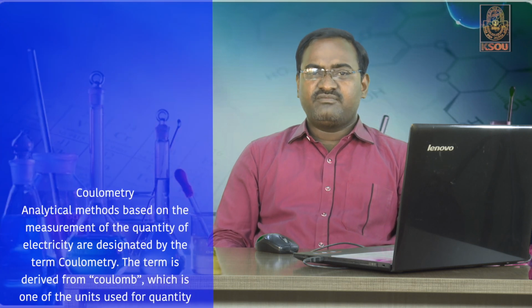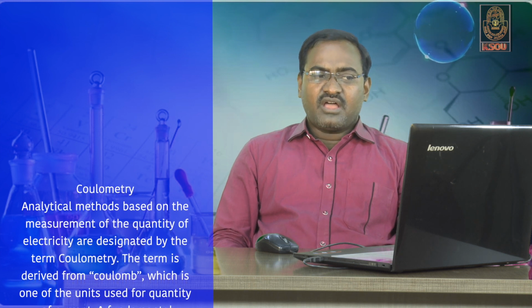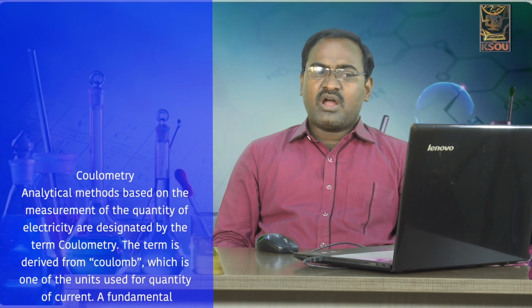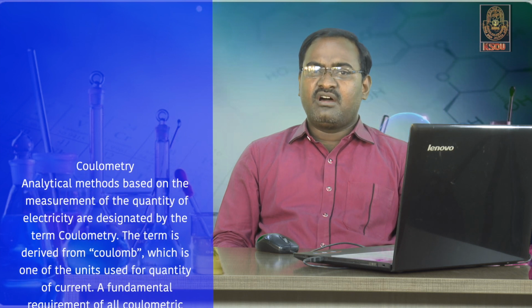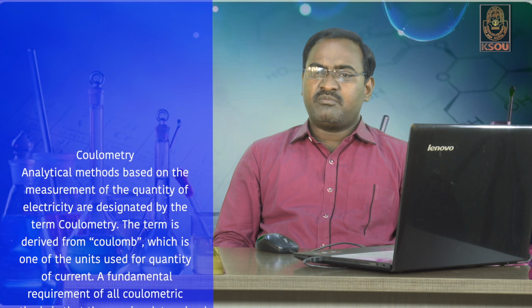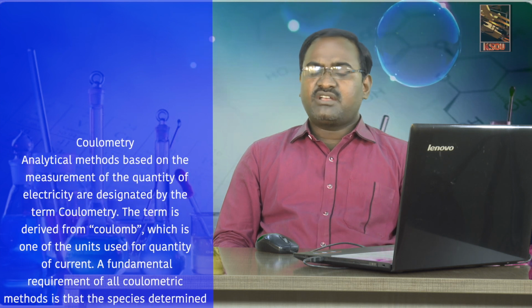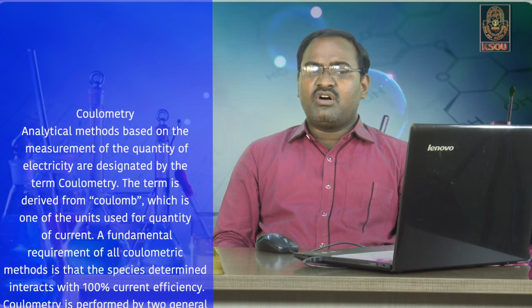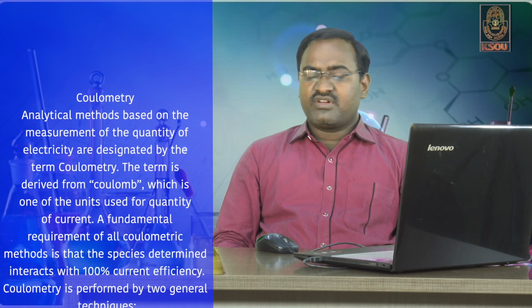Coulometry. The analytical method based on the measurement of the quantity of electricity is designated by the term coulometry. The term is derived from coulomb, which is the unit of quantity of electric charge.